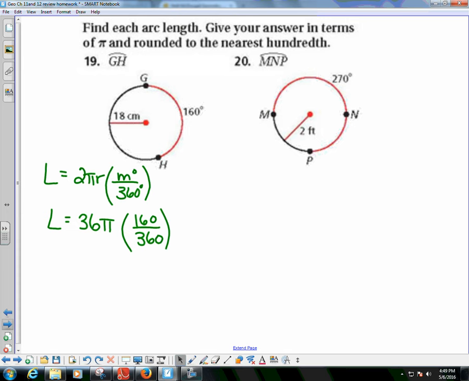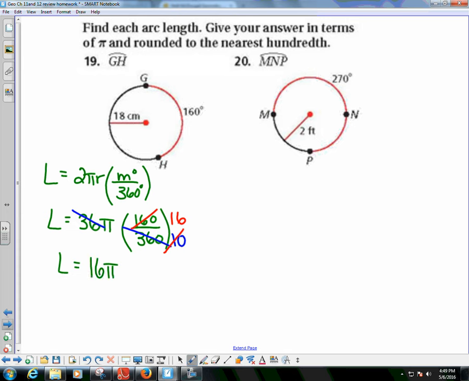All right, I'm going to be fancy. I'm going to say that 36 reduces with this 360 and leaves 10. And then I'm going to say that 160 reduces with 10 and leaves 16. You can go to your calculator and type all that in, but basically what you're going to be left with is 16 pi.